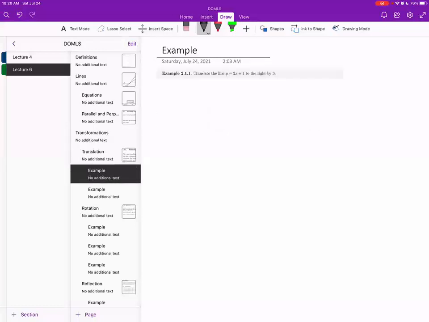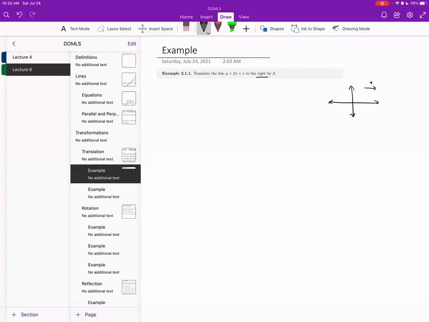The first example is translating the line y equals 2x plus 1 to the right by 3. This is pretty simple. We want to move it to the right, and right is the positive direction. If you look at the coordinate plane, going right is the positive direction. So we're going to subtract from x.